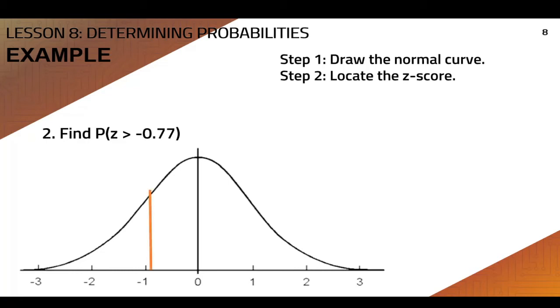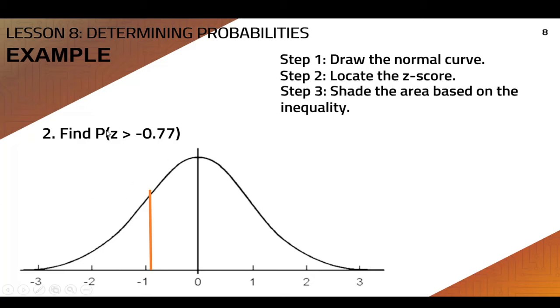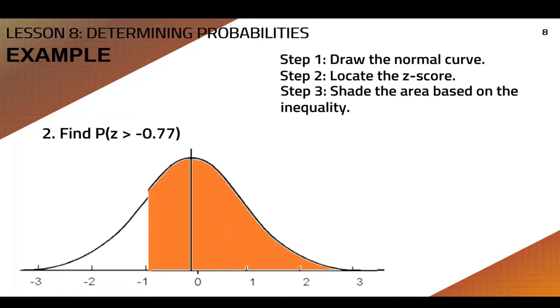Next, shade the area based on the inequality. Our inequality is greater than, meaning higher than negative 0.77.